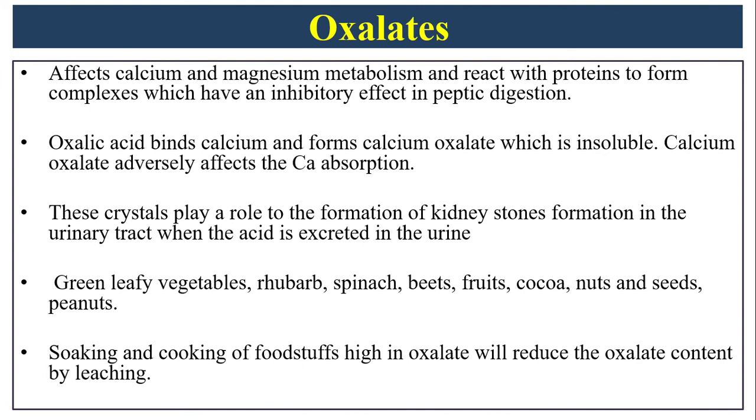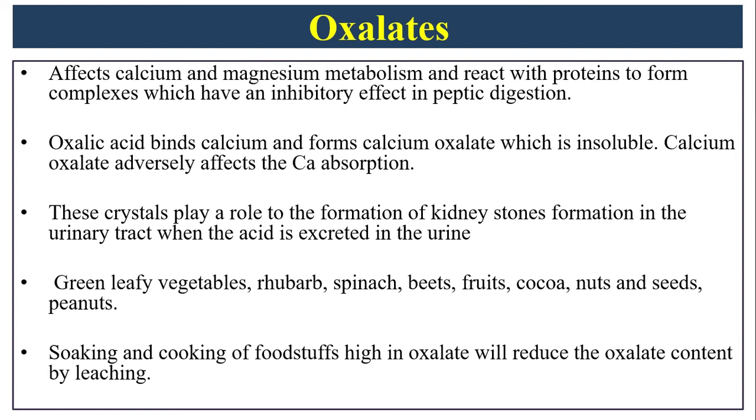Oxalates affect calcium and magnesium metabolism and react with proteins to form complexes which have an inhibitory effect on peptic digestion. Oxalic acid binds calcium and forms calcium oxalate, which is insoluble. Calcium oxalate adversely affects calcium absorption.